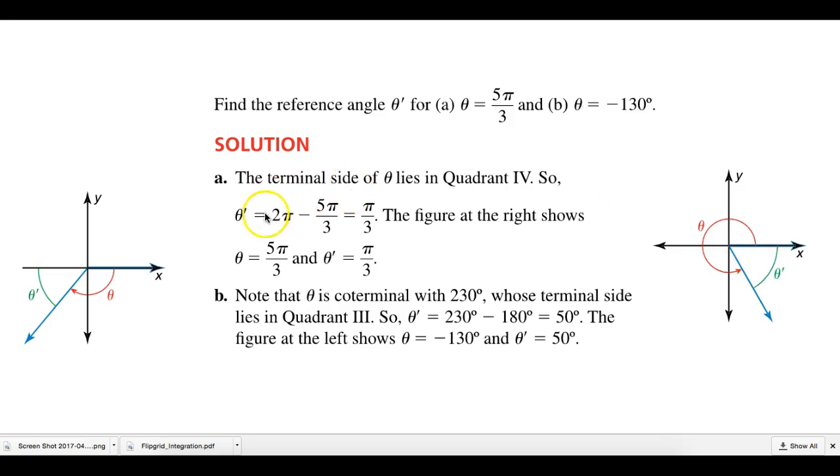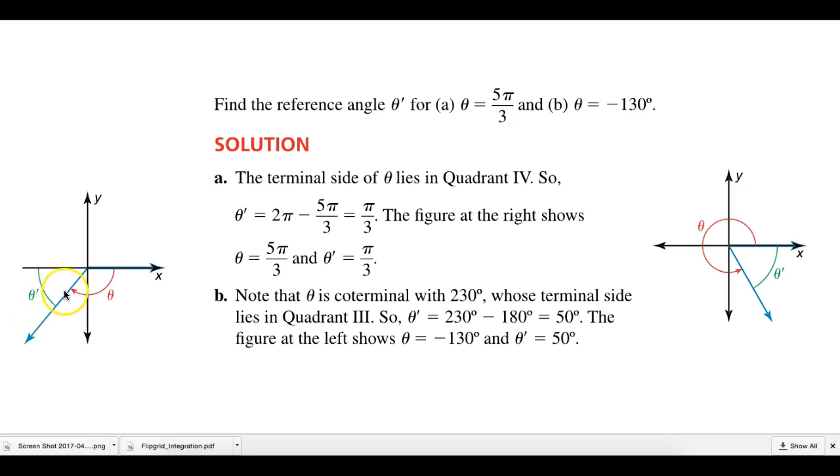That's our reference angle. Again, it's not going to be one equation that you use all the time. It depends on which quadrant your terminal side lies in, but it's going to be the distance from your terminal side to the x-axis. So for A, our reference angle would be pi over 3. Now for B, we've got negative 130. We go clockwise from the positive x-axis, over 90, so it's 40 degrees past 90, and we've got negative 130 right here.